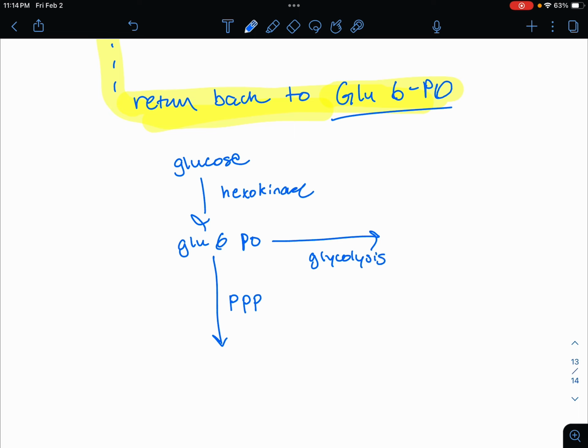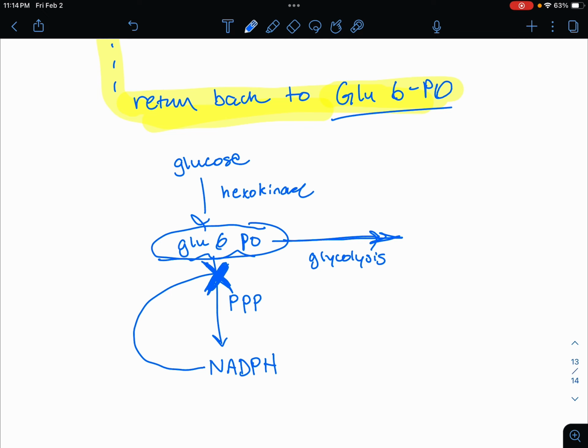So far, at least, in where we are in the notes in the chapter, we're going to go to these two choices. If we go through the pentose phosphate pathway and make our NADPH, this actually acts as a regulator, blocking this off. It inhibits the pentose phosphate pathway, since we've made enough. Therefore, the glucose 6-phosphate is now directed to glycolysis.